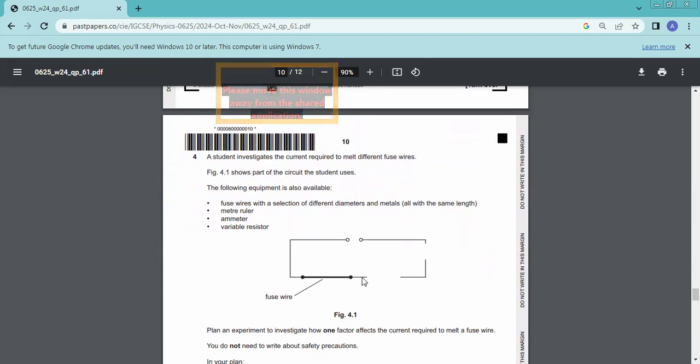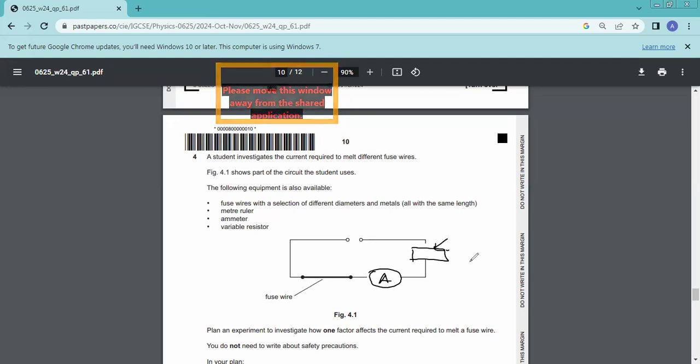Here we are going to draw the ammeter. The ammeter is drawn in series with the fuse wire, and a variable resistor in series with the rest of the circuit. So here is the variable resistor.